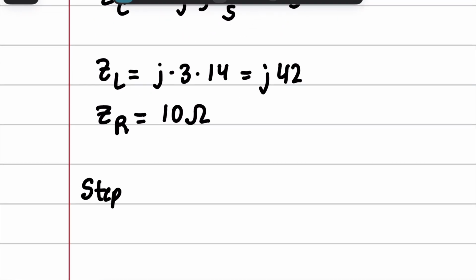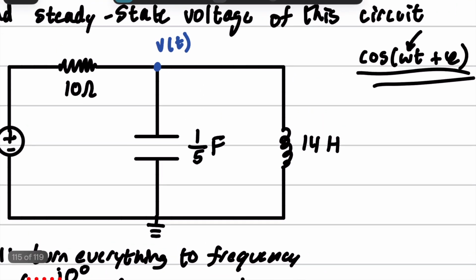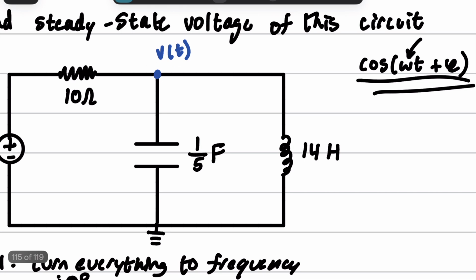Now for step 2, we're going to apply a nodal analysis, because we want to find the v of t at this node right here.